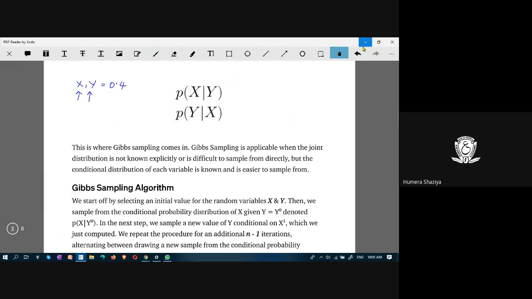And we also have a conditional distribution in which we say X conditioned on Y. If there is a laptop, then the student is attending the class.